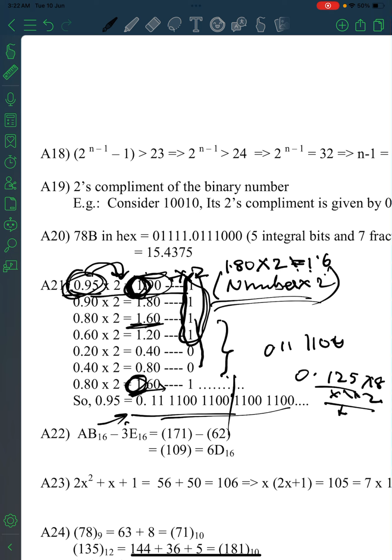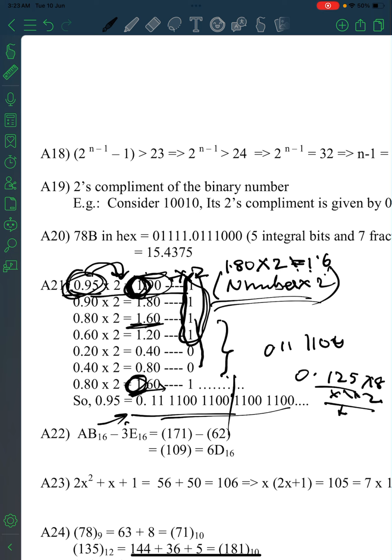Kick out the 1, you get 0.20. 0.20 multiplied by 2 gives 0.40. Now it's not greater than 1, it's less than 1.